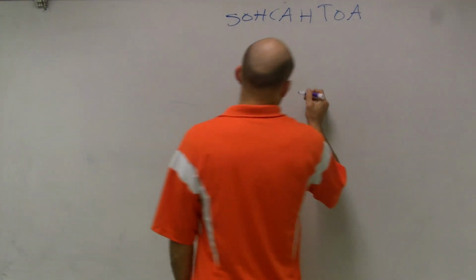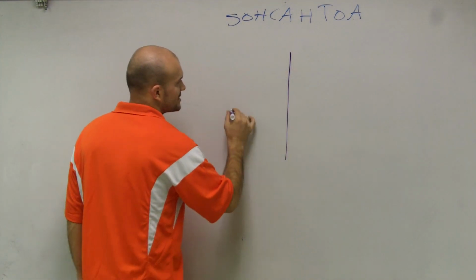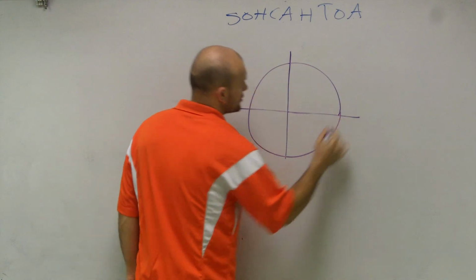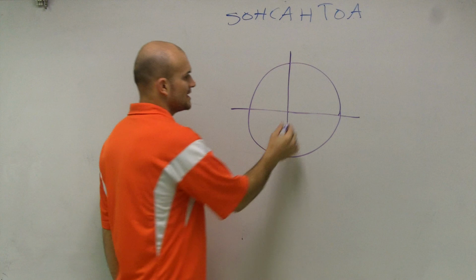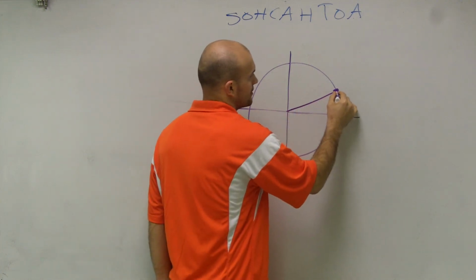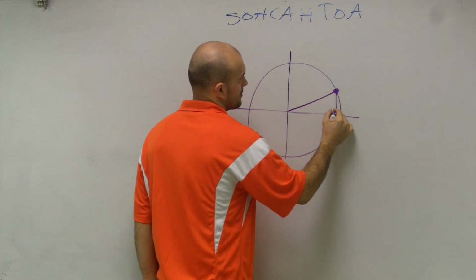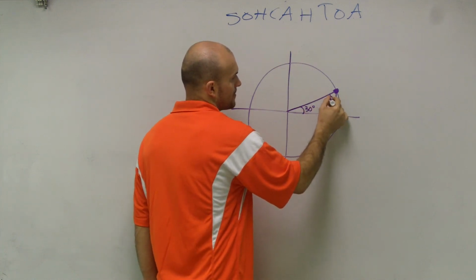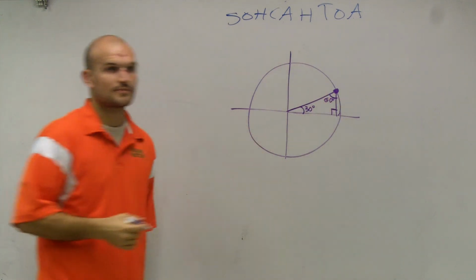Or the way that we could figure it out is it says create a 30, 60, 90 triangle. Well, if you go off by memory, a 30, 60, 90 triangle, if that's 30 degrees, then that one is 60 degrees, right?